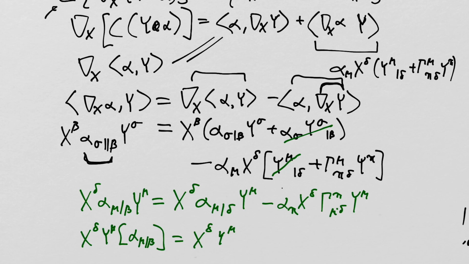I want to do that. And that way I have an x delta y mu on both expressions, so I can pull them out, right? And that's alpha mu delta minus alpha pi gamma pi mu delta. Phew. Okay.